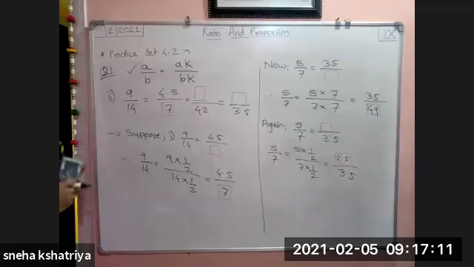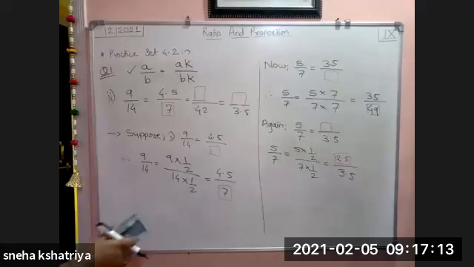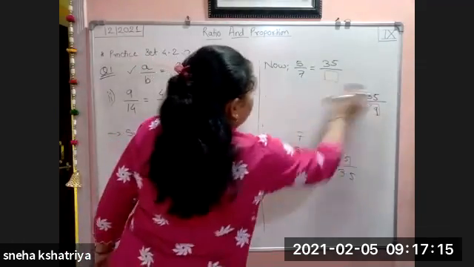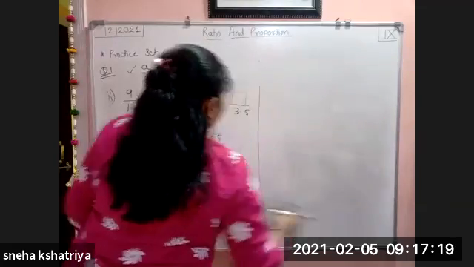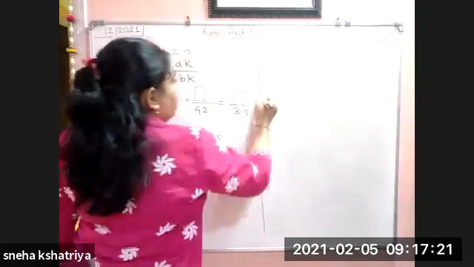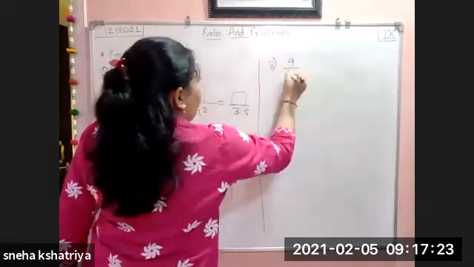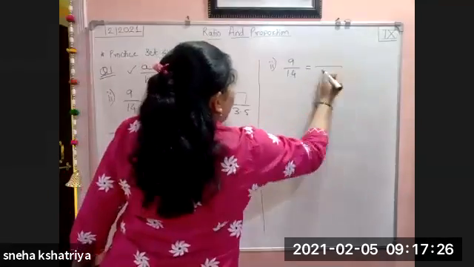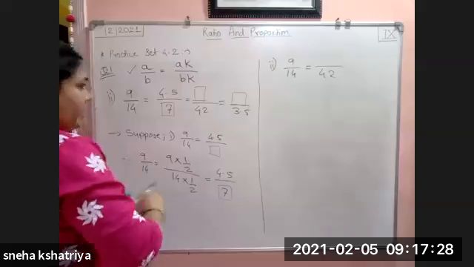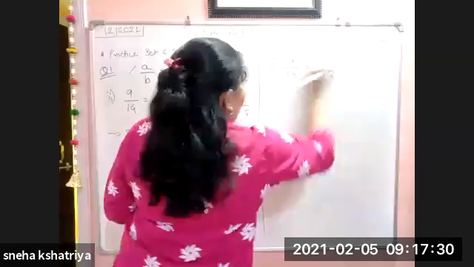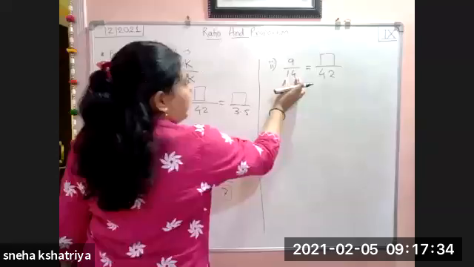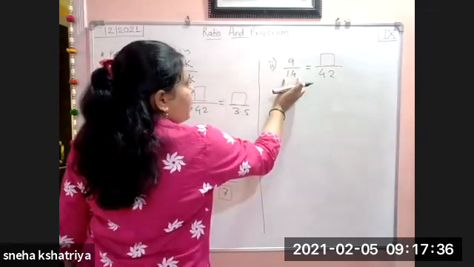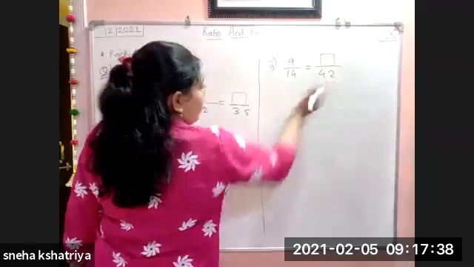Second one we will see: 9 upon 14 is equal to, at the denominator 42 is there and at the numerator a box is there. Now see here, 14 is multiplied by a number which gives 42.